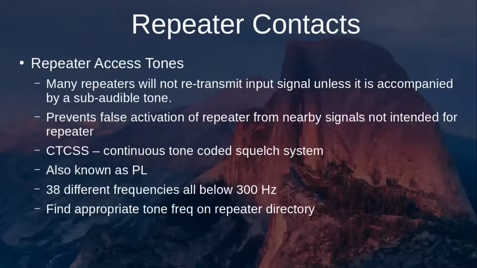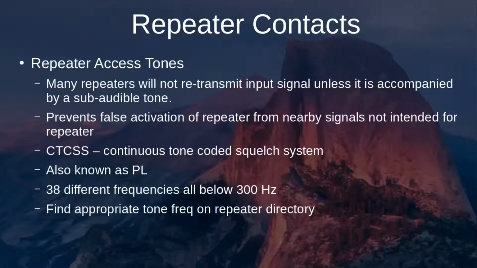So you need to know the PL of the repeater to program that subaudible tone or frequency into your radio to activate that repeater. You can find the appropriate tone or frequency on the repeater directory or on the internet search by picking up that certain repeater. There are 38 different frequencies. All of them are below 300 hertz.